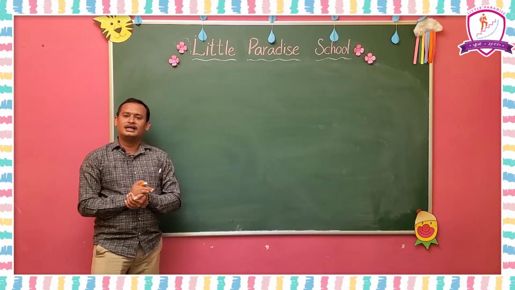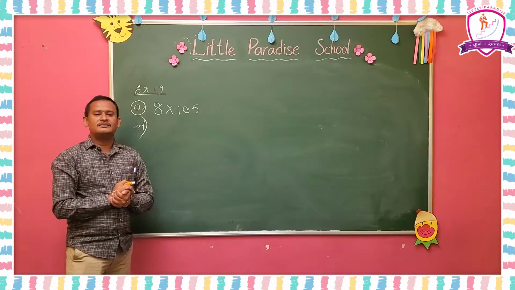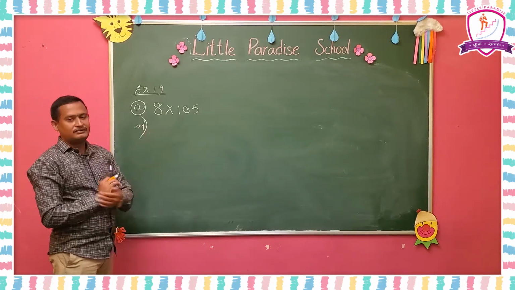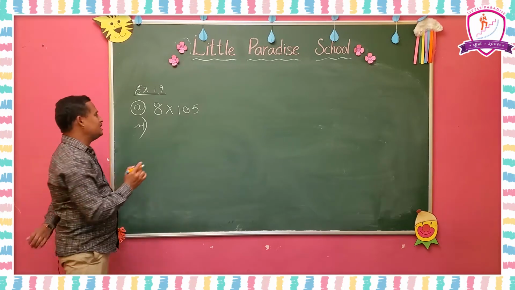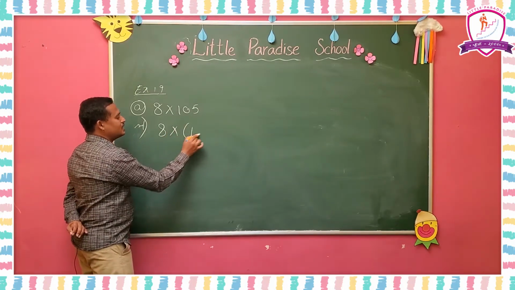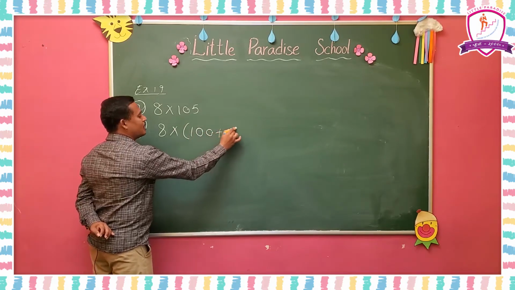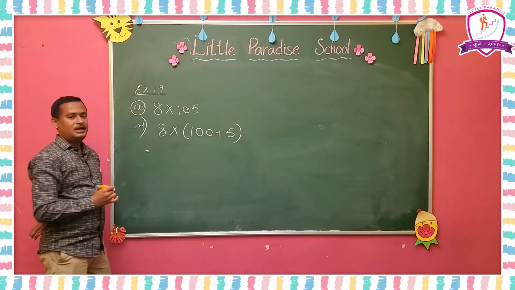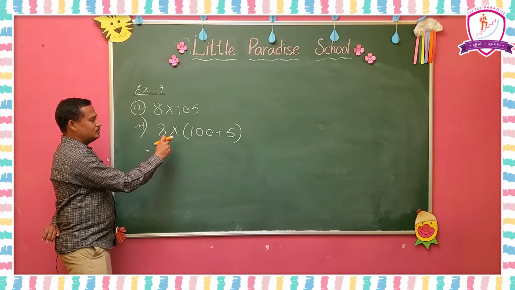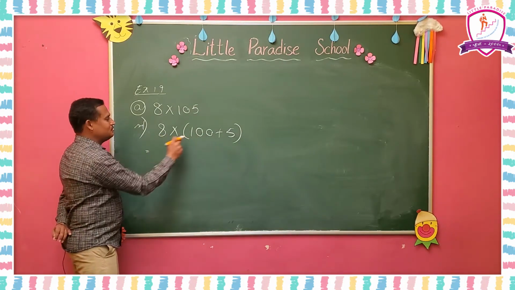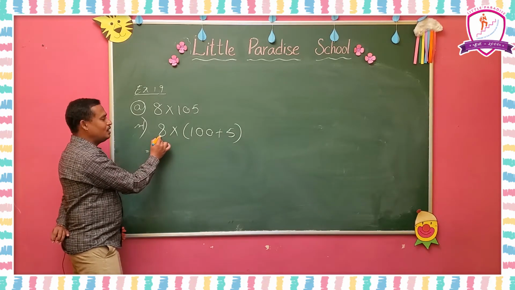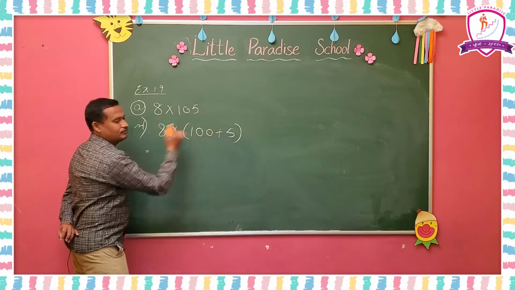You can observe in your textbooks. In example 19 A, observe the sum 8 into 105. When you are doing this type of multiplication, first write 105 as 100 plus 5. Already we know that when you are multiplying a number with a sum of 2 numbers, you have to distribute this 8 to 100 and 8 to 5 also.